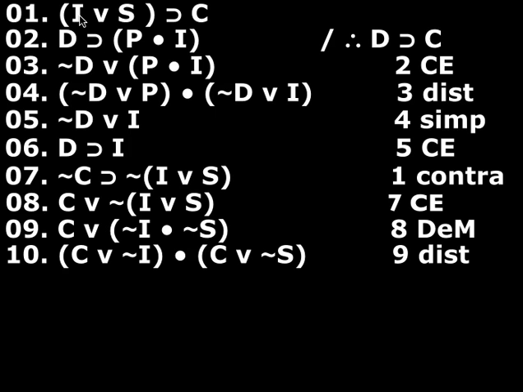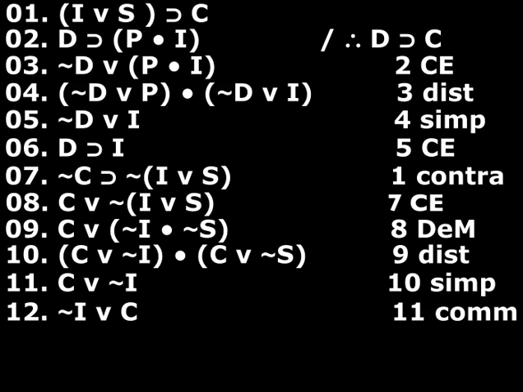Remember, what I'm trying to get is if I, then C. So I want the component that has the I and the C in it, so I'm going to simplify the first one off. I want if I, then C, so I'm going to commute so I get the I on the left-hand side, then do the conditional exchange, if I, then C. Now, I've got my two conditionals.